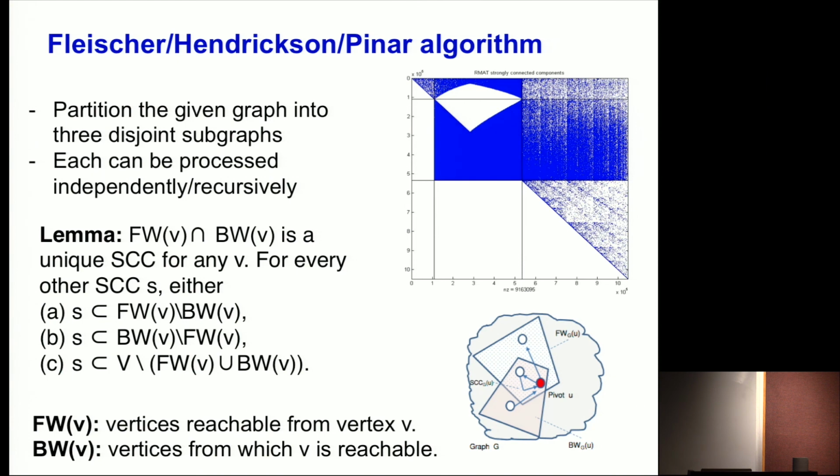One of them is the difference of the forward set with the backward set. One of them is the backward set minus the forward set. And the other one is all the remaining vertices. If there is a strongly connected component in the rest of the graph, it belongs to one of these 3 sets. It doesn't span a union of those sets. It definitely belongs to a unique one of these. And that's the fundamental theorem that lets this algorithm recurse on A, B, and C at the same time and increase parallelism that way.